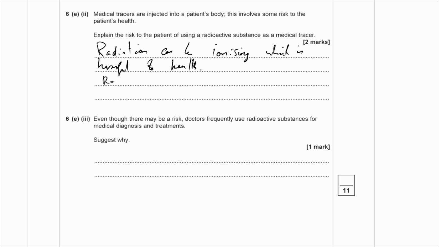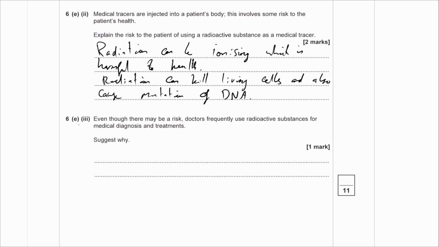The radiation can kill living cells and also cause mutation of DNA. So living cells can be harmed and killed, and mutation of DNA happens as a result of ionizing radiation.